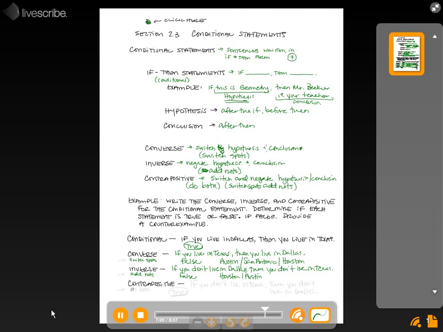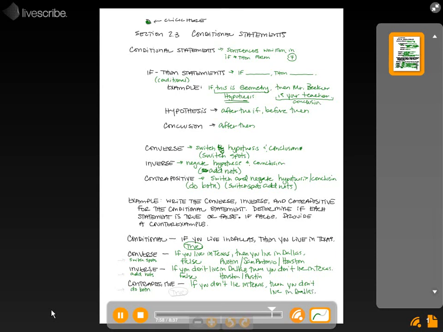The last one, the contrapositive. Okay, we do both. We switch the spots, and then we add knots. Okay, so it's going to become, if you don't live in Texas, then you don't live in Dallas.